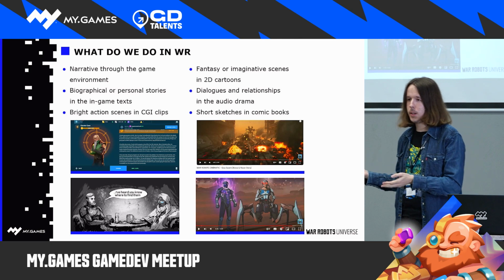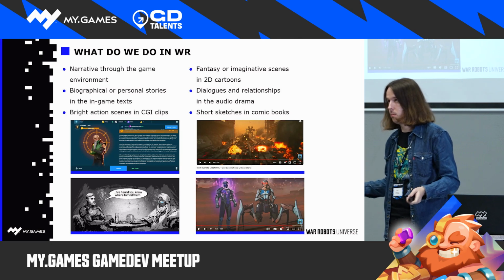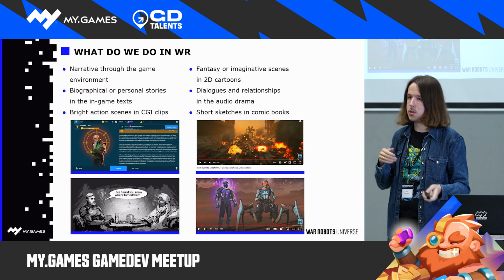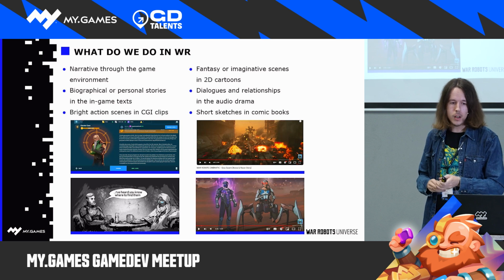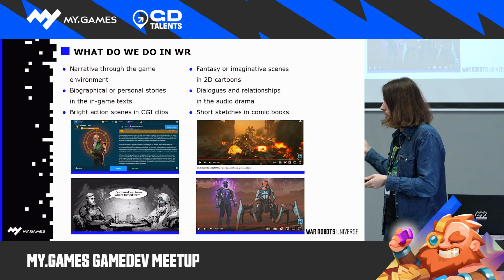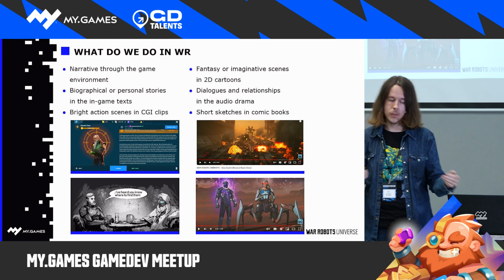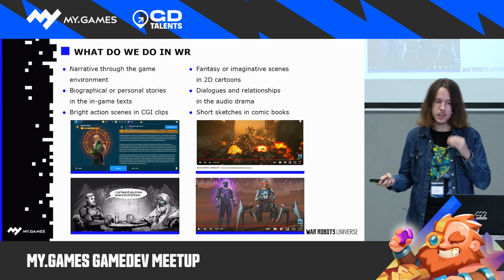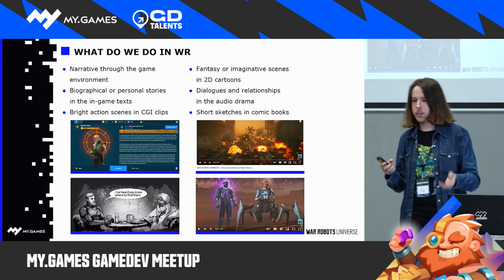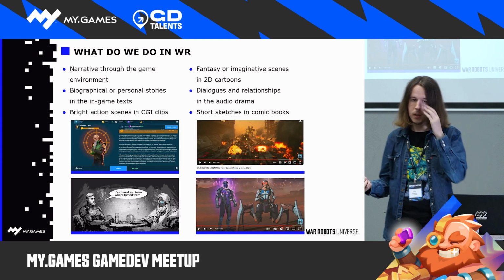What do we do in War Robots? Okay, we have again environmental storytelling. As we are a PvP game, we don't have many stories in it. In our text storytelling in-game, biographies are mostly personal stories of the characters. Always bright action, there must be bright action in CGI clips and something imaginative in 2D videos.